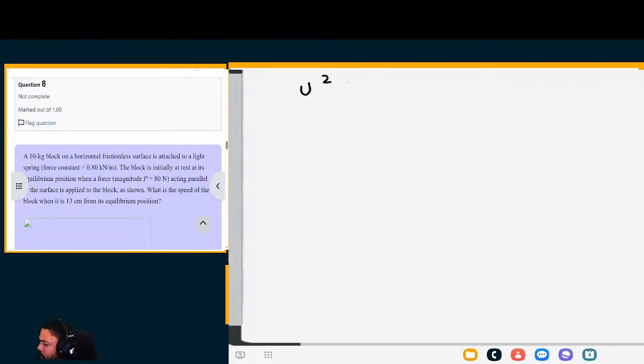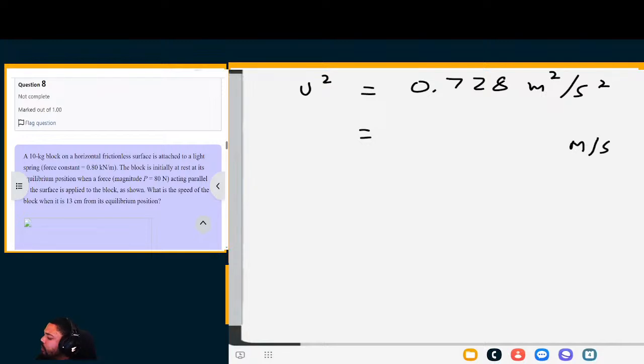Just a recap, v squared is equal to 0.728 meters squared over second squared. If you were to find the square root, your answer would be in meters per second, and the square root of 0.728 is just 0.853. Okay, 0.853. So that would be your answer.